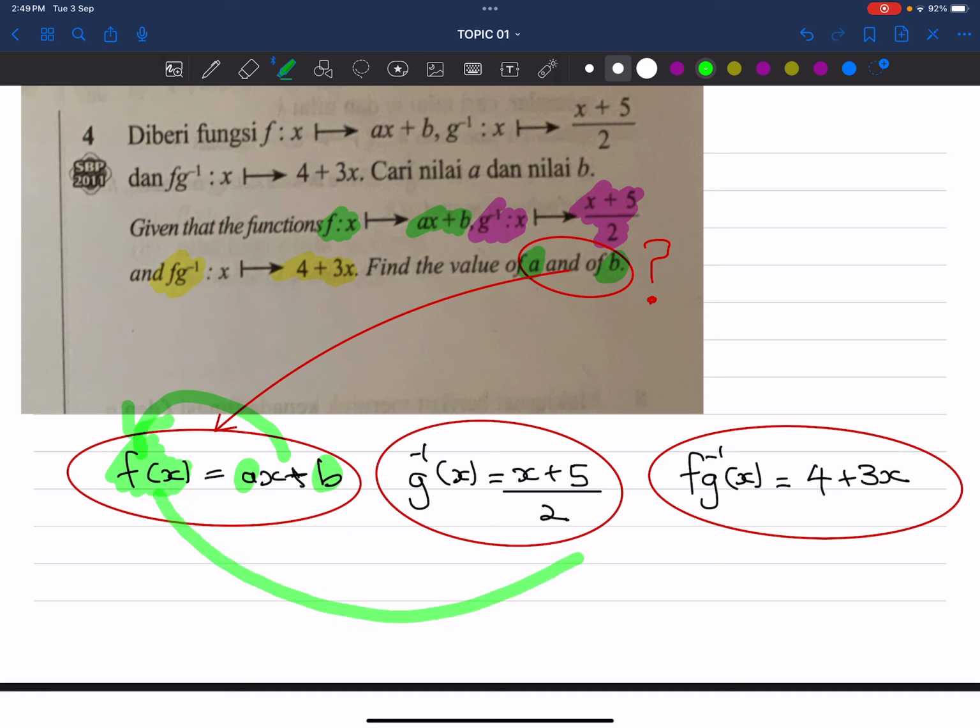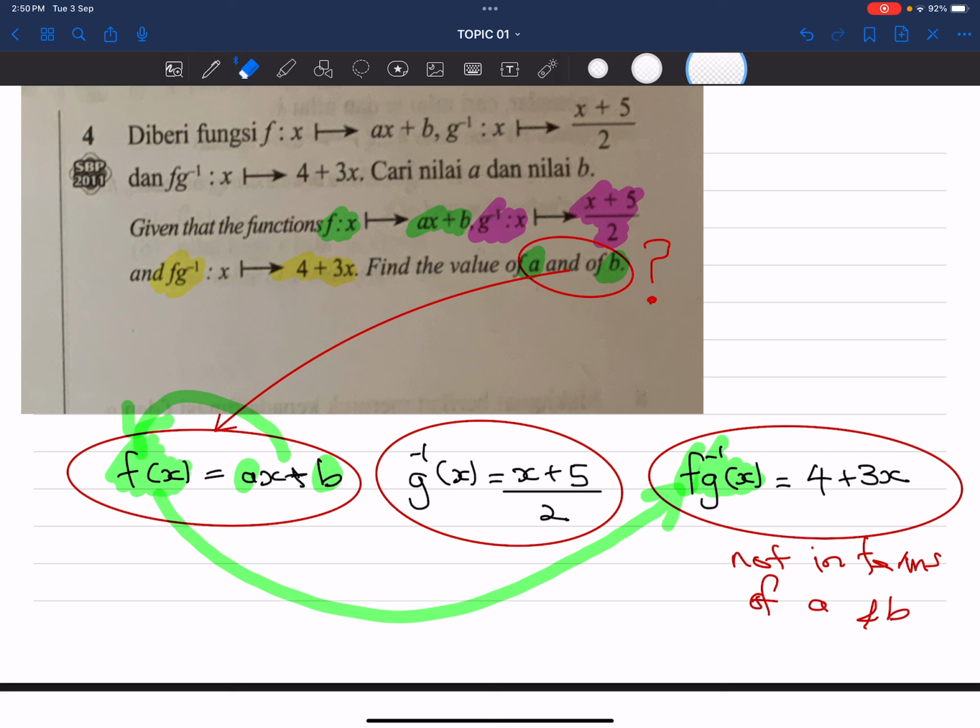I will go to the composite function f g inverse. But this f g inverse is not in terms of a and b.